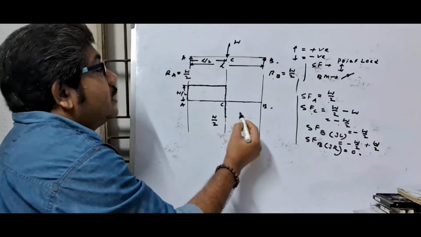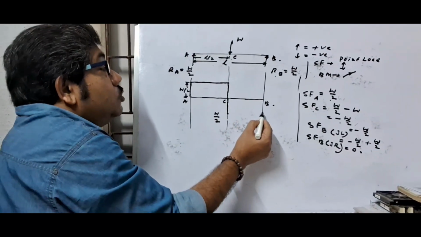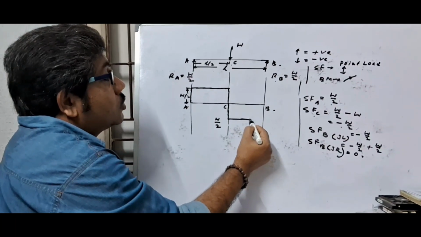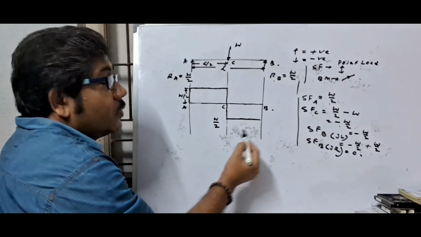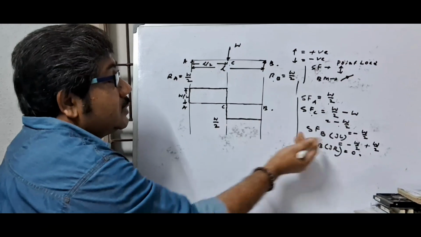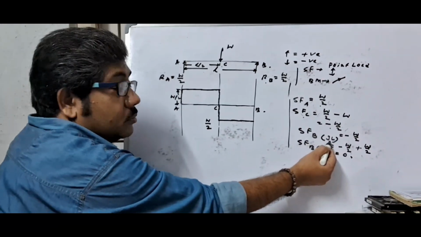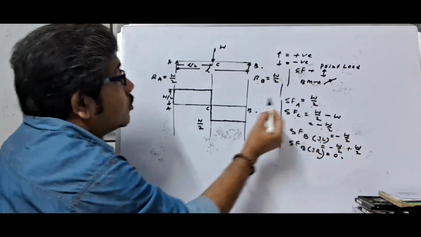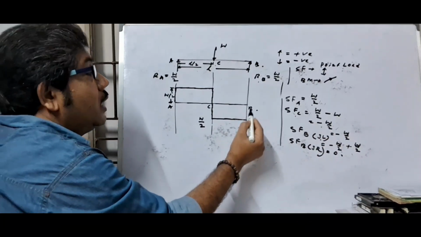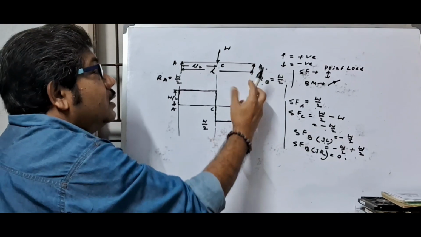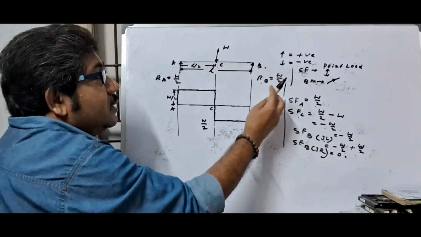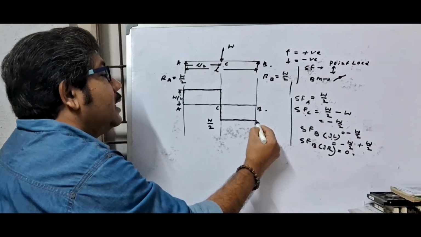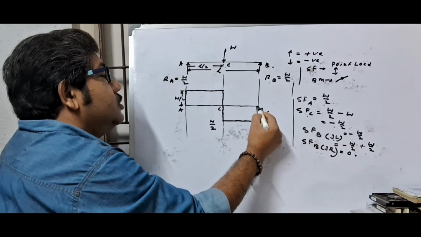When you don't touch point B, up to B there is no load, so this is parallel. At just the left portion, the value is minus W by 2, and when you touch point B, the upward reaction RB acts, and just to the right the value is 0.